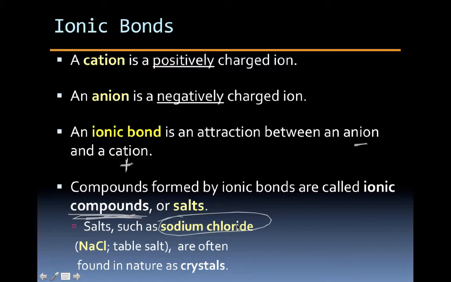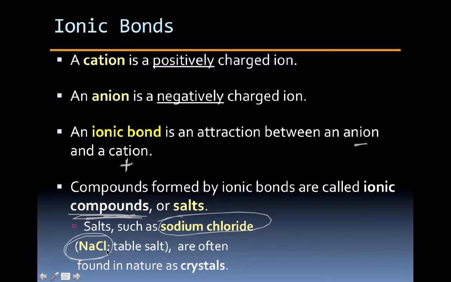A compound like sodium chloride will exist as a crystal that can have any number of atoms. The formula that we use to represent this compound is simply giving you a ratio. So for every sodium atom, you're going to have a chlorine atom, but the numbers can vary. Unlike molecules, which always have a very specific number of very specific atoms.